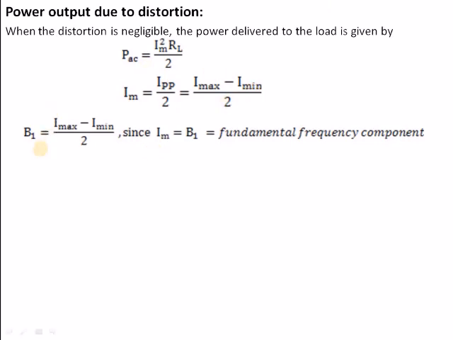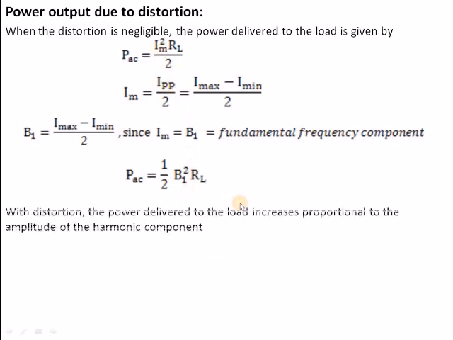But in the last derivation, we calculated the amplitude of the fundamental signal B1 equal to I maximum minus I minimum by 2. Therefore, instead of Im, we can write B1 in our PAC equation, where PAC is equal to 1 by 2 B1 square RL. So Im square is replaced with B1 square here.